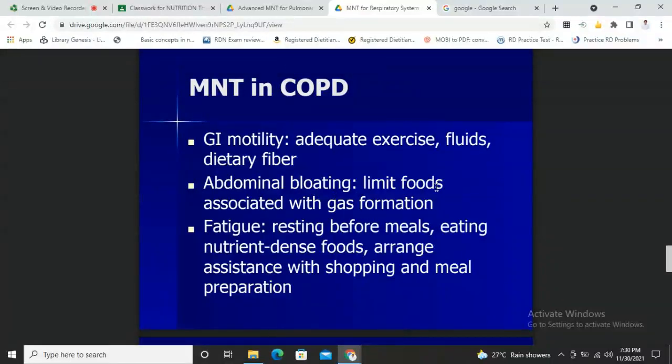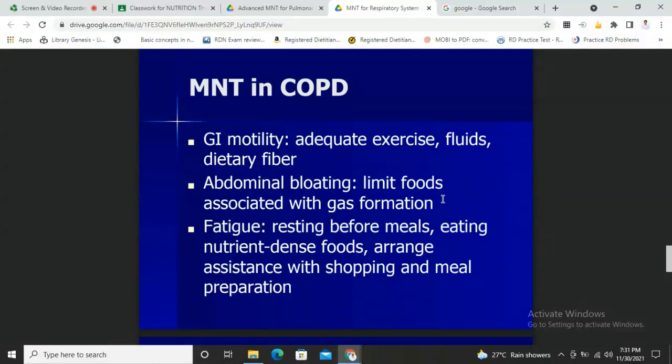We also have to limit aerophagia. What does aerophagia mean? It means ingestion of too much gas. What dietary behaviors increase gas ingestion? Like chewing gum, using a straw, drinking carbonated beverages.